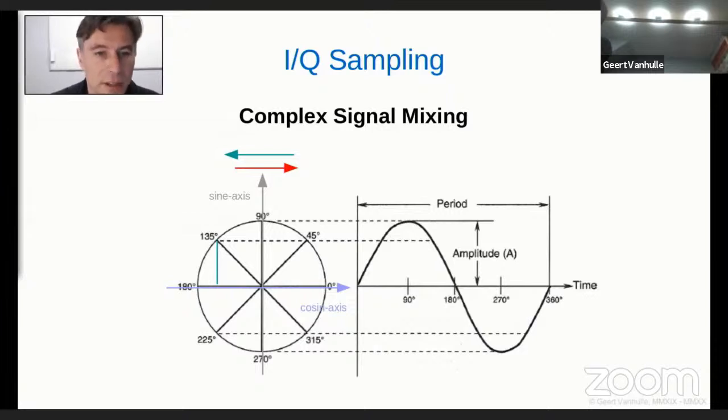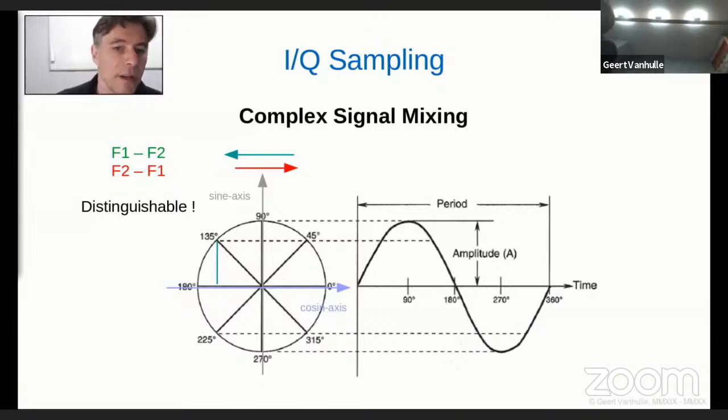So we can't distinguish them. However, if we have complex signals, we also have the cosine axis information, and we will be able to distinguish whether the resulting signal was an f2 minus f1 or an f1 minus f2. So whether the vector was rotating in the clockwise or in the counterclockwise direction.